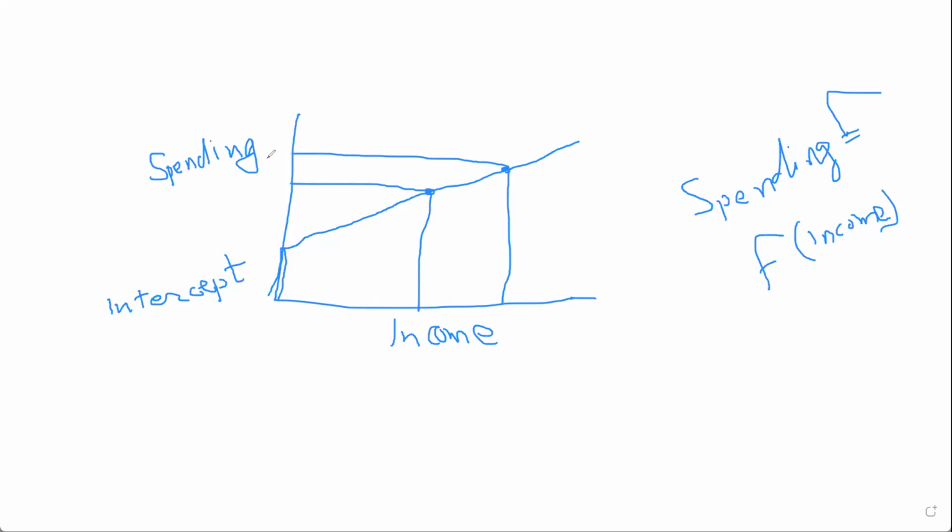This distance is on the y-axis, this is on the x-axis. Del y is the distance on y, and del x is the distance on x. The slope, also known as gradient, is equal to del y, the distance on y, upon del x, the distance on x. This is the slope.